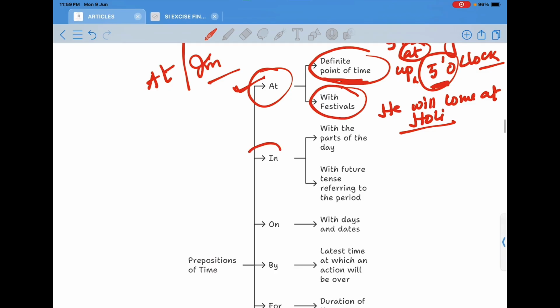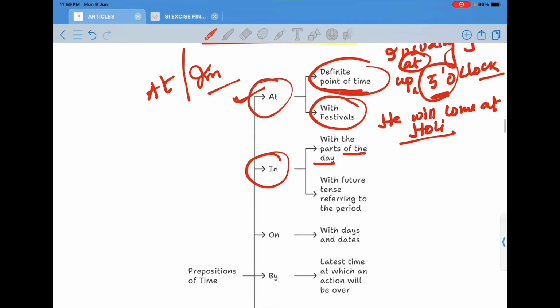Next, when to use "in". So "in" is used with parts of the day. Parts of the day, what does it mean? So you can say 5 o'clock is a part of the day? No. 5 o'clock is not a part of the day. Parts of the day are like noon, morning, evening, night.